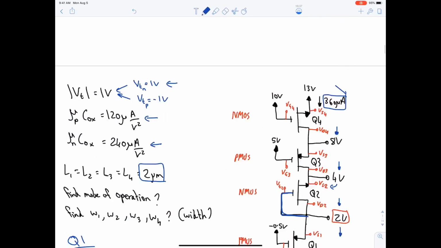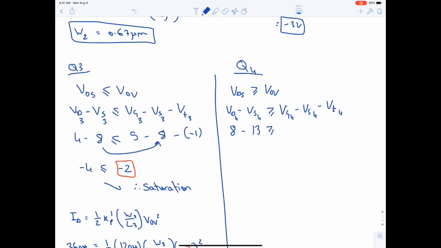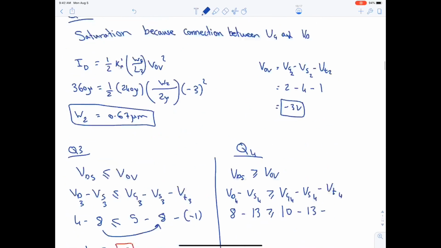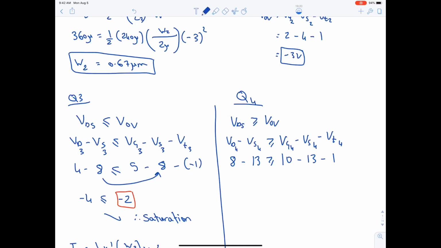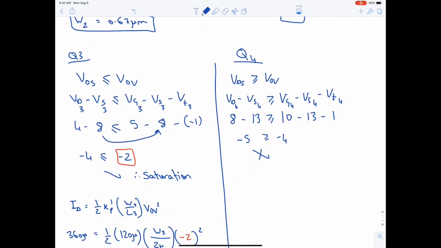VG4 is 10. VS4 is 13 and VT4 is, I think it's NMOS, so it has to be 1. Yes. So 8 minus 13, that's minus 5, and 10 minus 13 minus 1, minus 4. Is minus 5 greater than minus 4? No, not saturation.